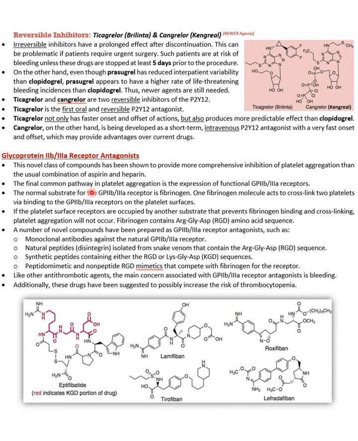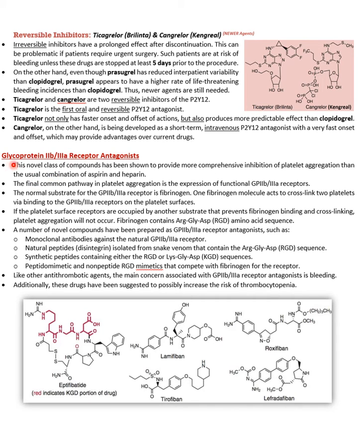Okay, the next class of antiplatelet medications are those that bind to the site where fibrinogen makes a cross-link between platelets. If you remember in the first graph, there was a site where fibrinogen binds to, and it makes a bridge between two platelets together, helping them form the aggregation.